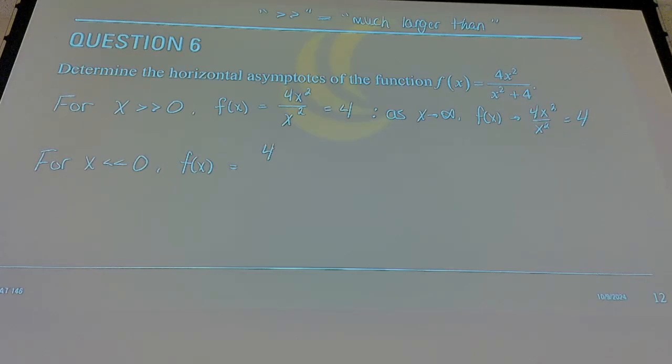Well, again, the numerator is not going to change. The denominator, take an extremely large number in the negative direction. Square it.